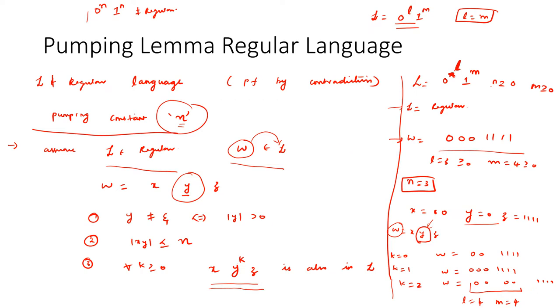Basically for 0 power n, 1 power n, I cannot construct a DFA. That's my confusion, because that third string is actually an instance of this language 0 power n, 1 power n. Okay, let me convince you by drawing the DFA for the language 0 power L, 1 power m, where L is greater than or equal to 0 and m is greater than or equal to 0.